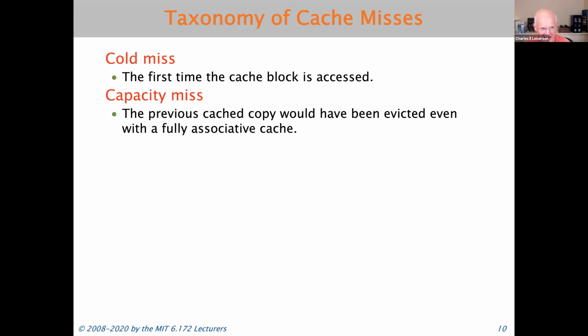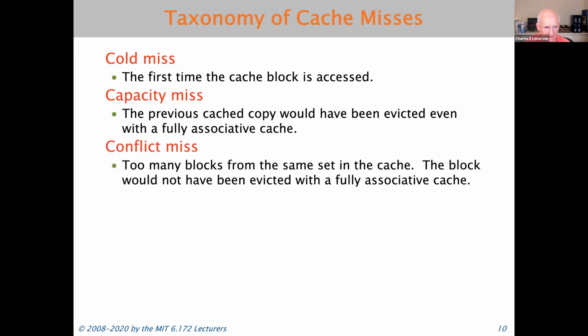Typically you can try to access fewer things, or you can buy a bigger cache. But it's not because the K-way set associative cache, with its smaller associativity, was causing the miss. It's because there isn't enough room. In some sense, that's okay.